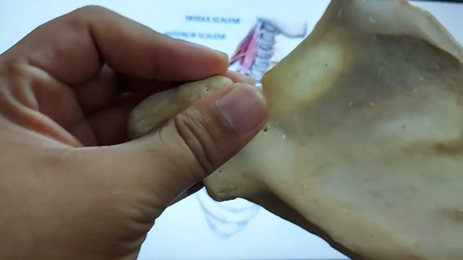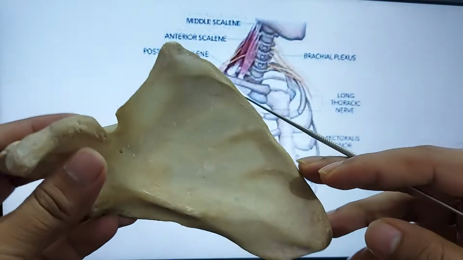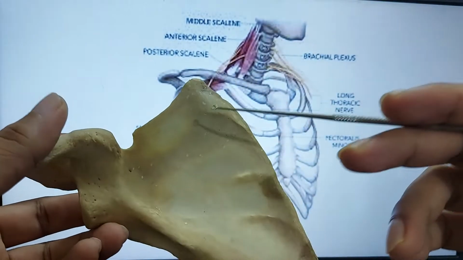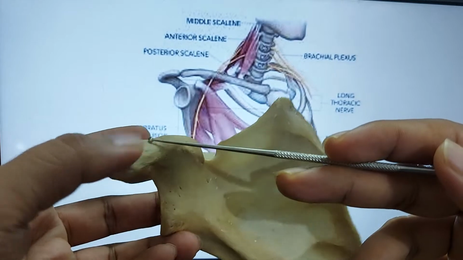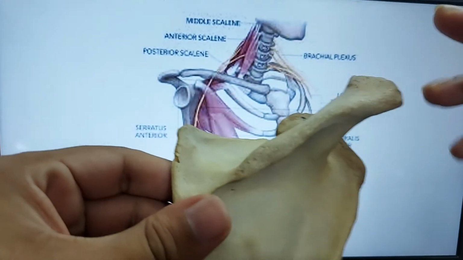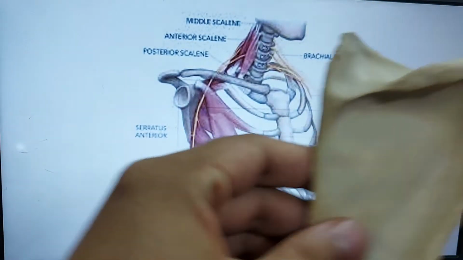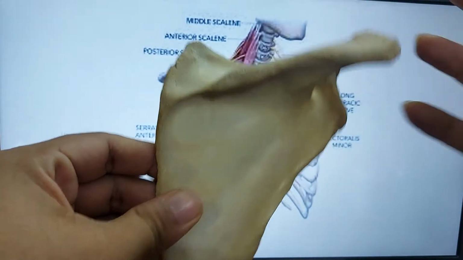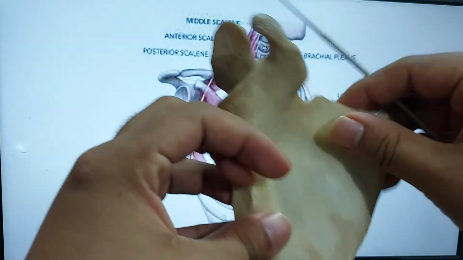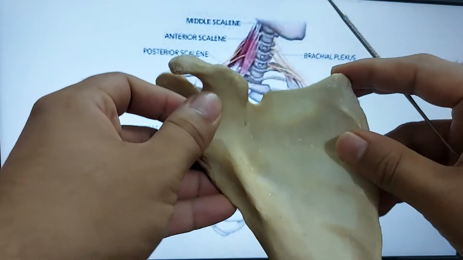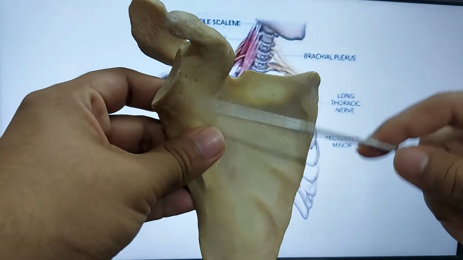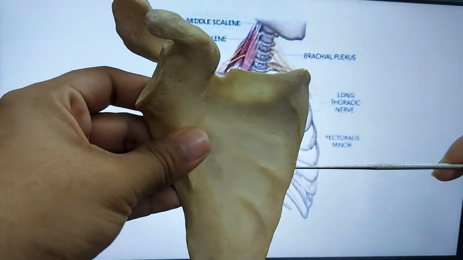Here we can see a scapula, and this is the coracoid process, and this is the right scapula. Here we see the right scapula, and this is the anterior part, and in anatomical position it will be lateral and this will be medial.